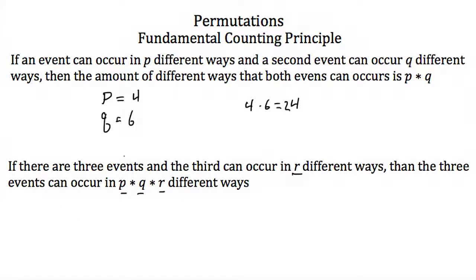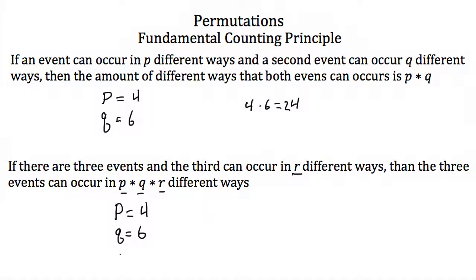So if she had 4 different types of cars to choose from, so 4 different possibilities in event 1 when she chooses her type of car, 6 different options when she chooses the color of her car, and then let's say she had to choose between a 2-door or a 4-door car.